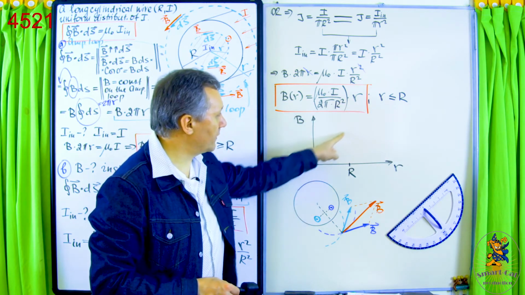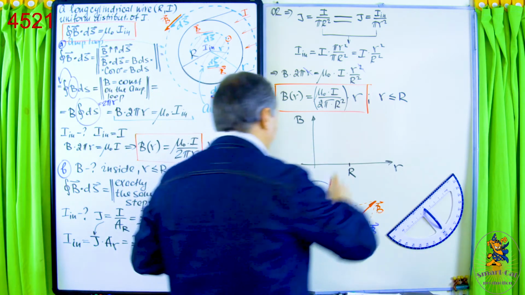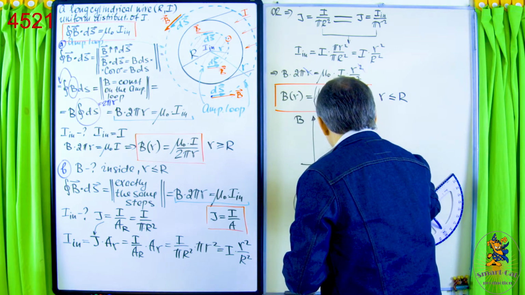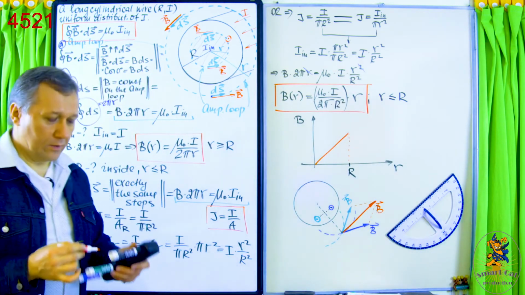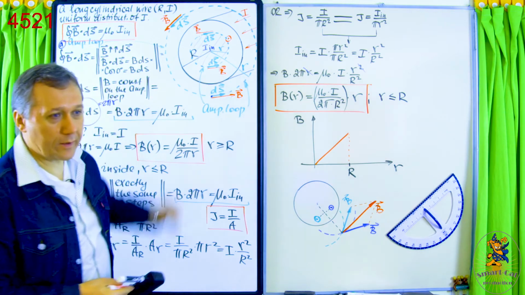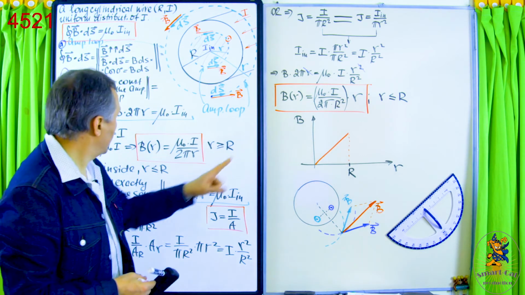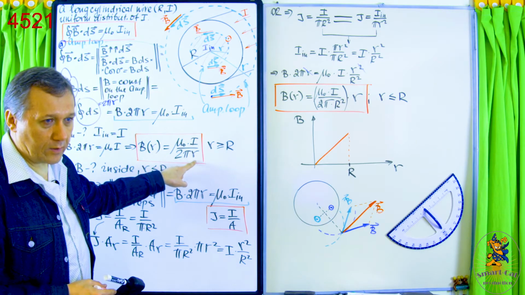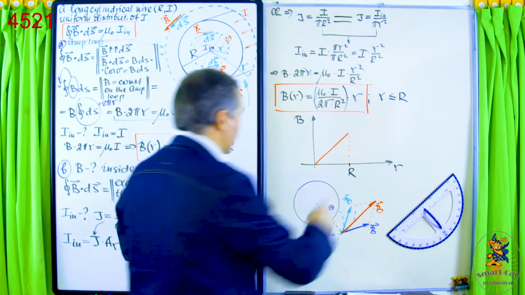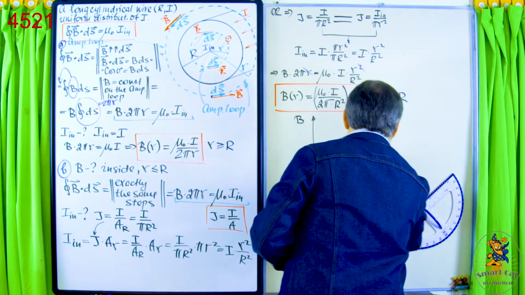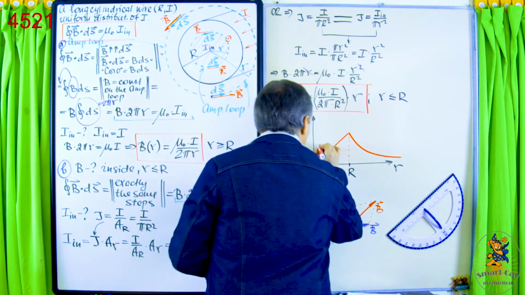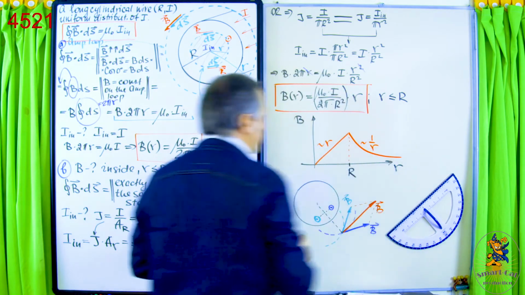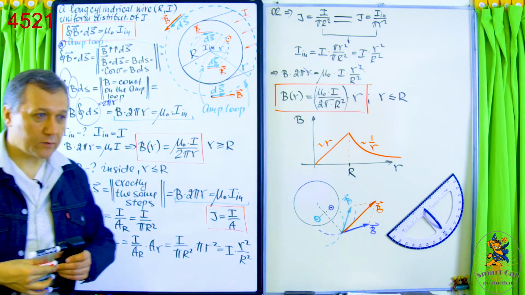So here we should have a straight line to the surface of the wire. And after that, outside, it's inversely proportional to r, 1 over r. So it will decay something like this. Here it's proportional to r, and here it's proportional to 1 over r. So that's how magnetic field changes with radius.